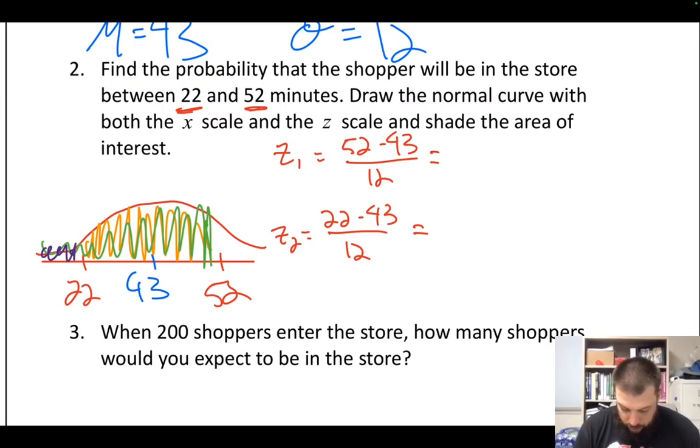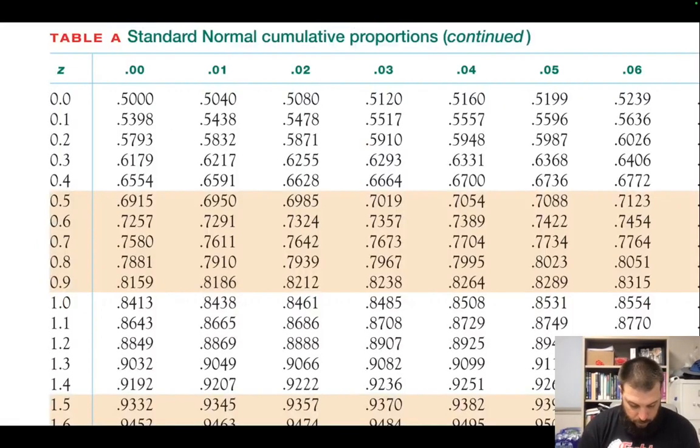And so for z1, we get 0.75 for a z-score. And for z2, we get negative 1.75 for a z-score. So we take those two z-scores and we go to our table, find our percents, and then we'll subtract those two. All right, so we started with 0.75.